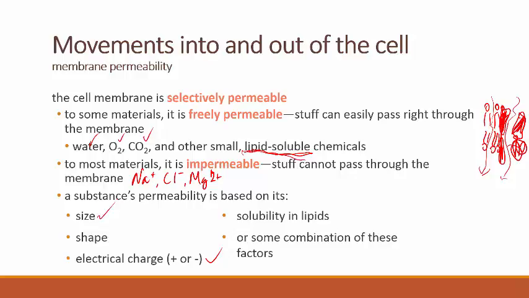If it can't be dissolved in lipids, it won't pass. If it has a shape that is incompatible with being able to pass through the lipids, then it won't be able to pass. So the permeability of a material is all determined by these factors or a combination of those factors. All right, so cell membranes are semi-permeable, because some materials get right through it, other materials cannot.